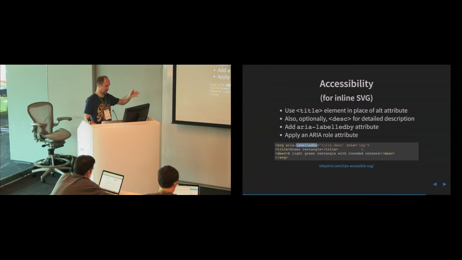In this case, that it's an image element. Maybe you'd also use SVG to do some kind of math equation, so you'd have the math role. There's a great post here on SitePoint that explains this in a lot of detail, and you can see all the ARIA roles if you follow off there.